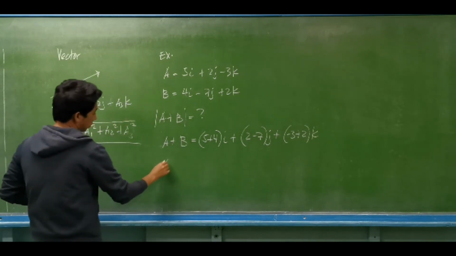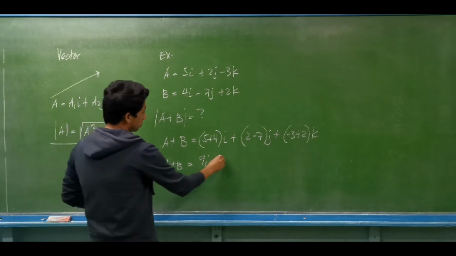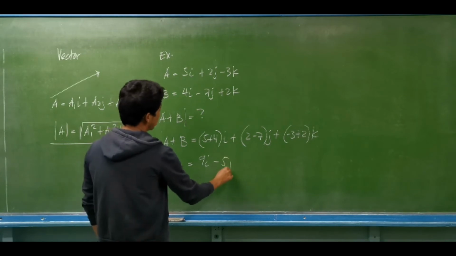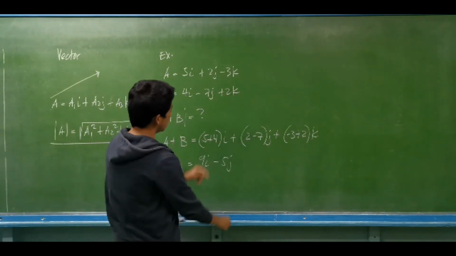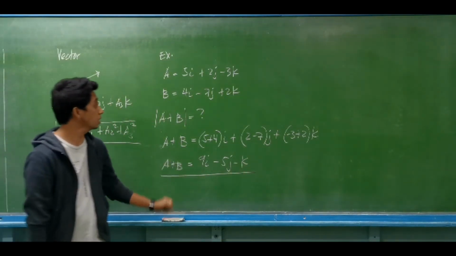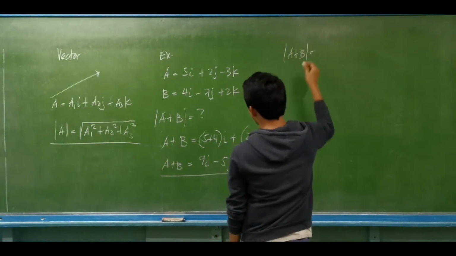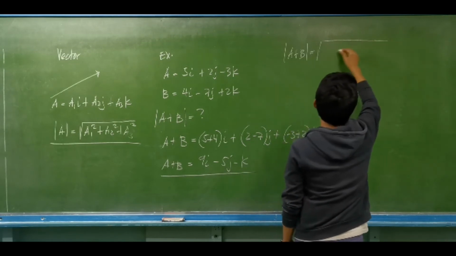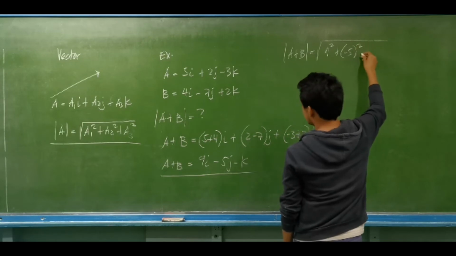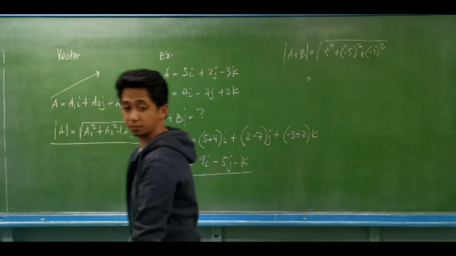So we have the equivalent of vector A plus vector B. This is now 9i minus 5j, then negative 3 plus 2 is negative k. So this will be vector A plus vector B. If you are looking for the absolute value of vector A plus vector B, that is the same as the square root of 9 squared plus negative 5 squared plus negative 1 squared.